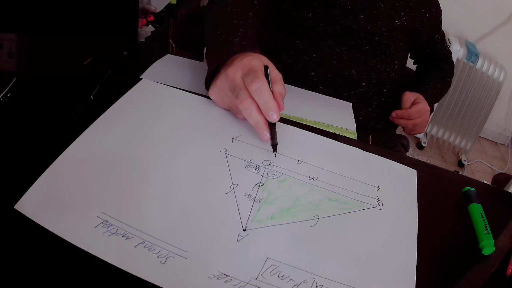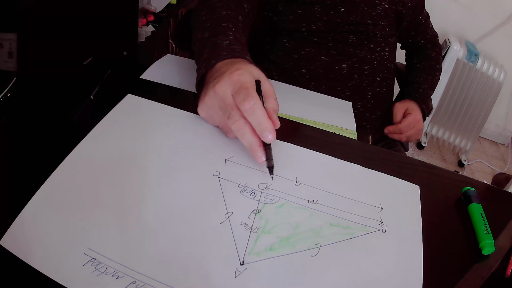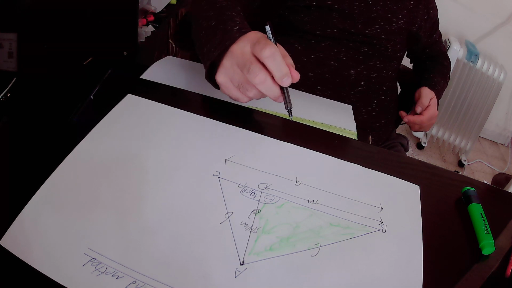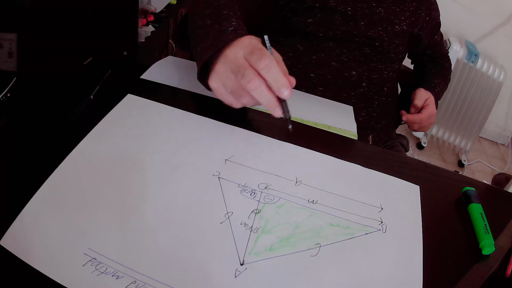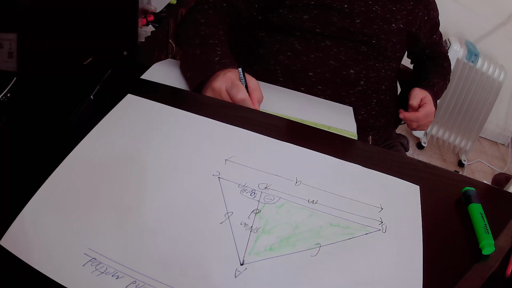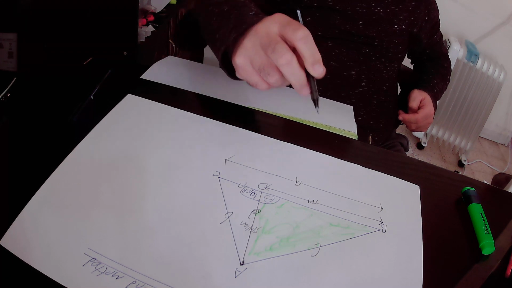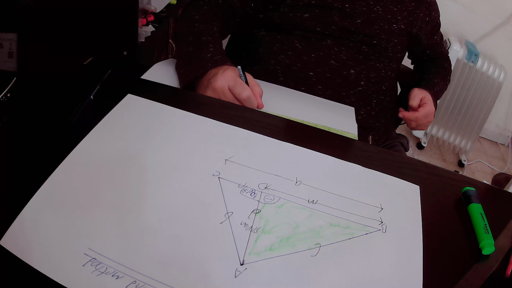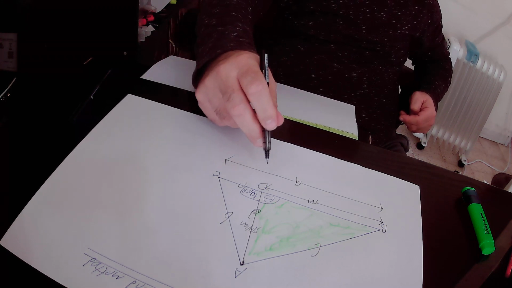cosine theta, this is angle theta, cosine theta equals m square plus d square minus c square over 2 times m times d.